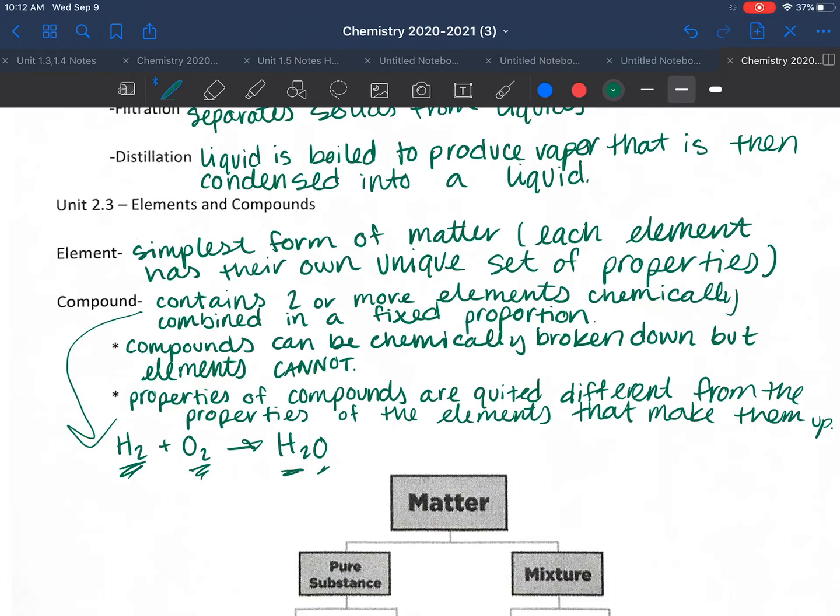If we look at this reaction here, how hydrogen reacts and how oxygen reacts, their properties are going to be so much different than when they're combined to make water. How they act individually is a lot different than how they act as water, which is a key thing to note.